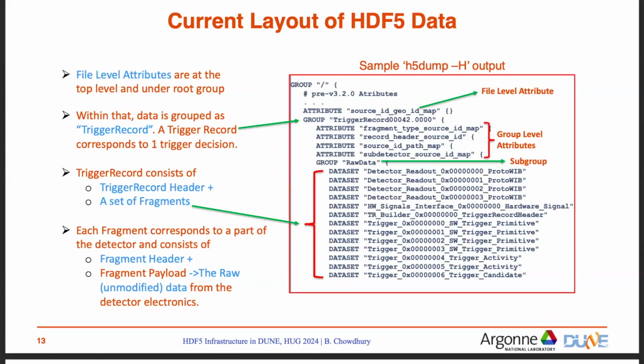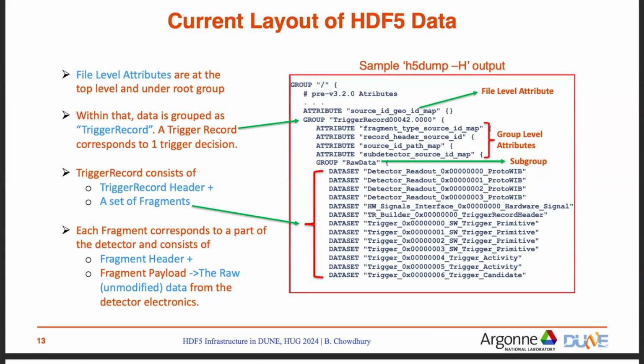Okay, so this is a generic structure of how data is organized in a file. We have a root group, and under that root group, we have file-level attributes. Within that, we have the trigger record. This is a group called trigger record, and this trigger record corresponds to one trigger decision.